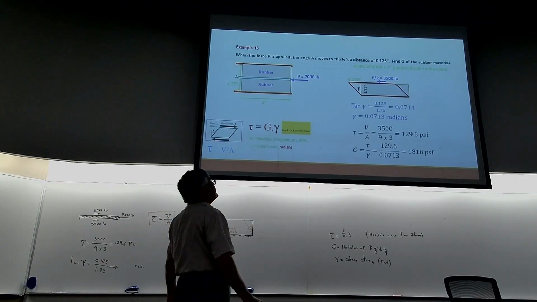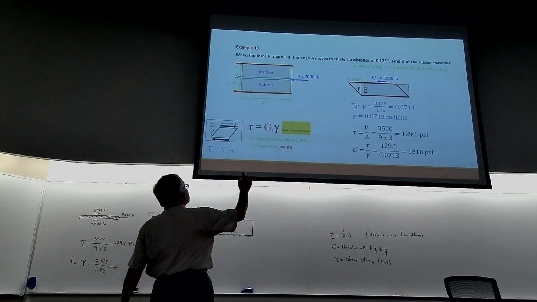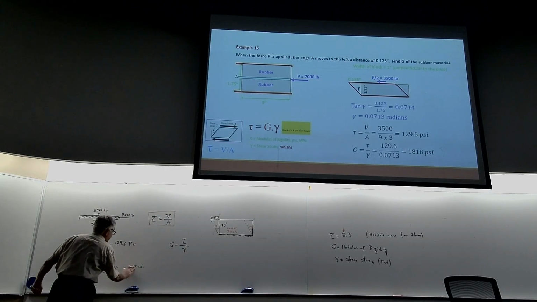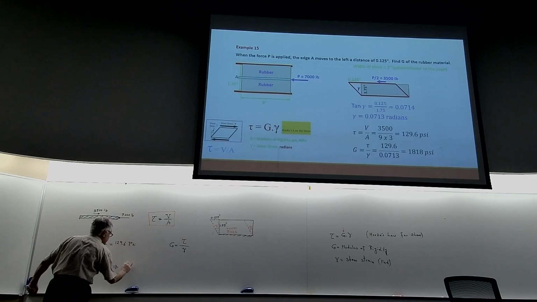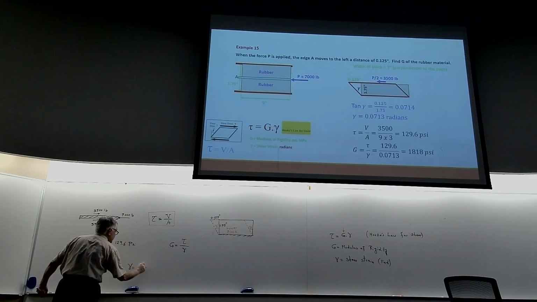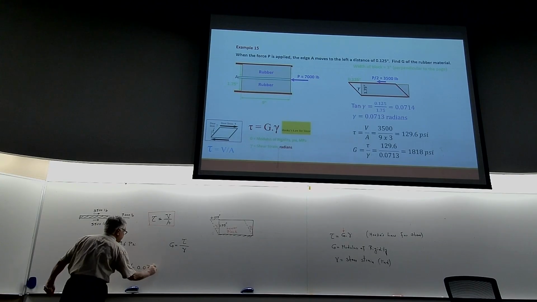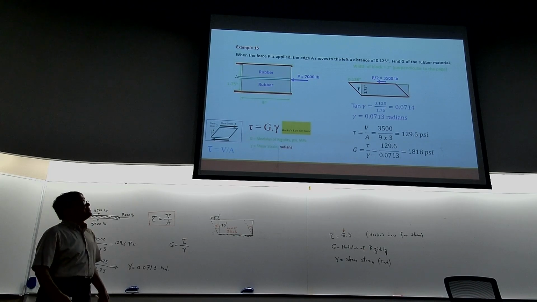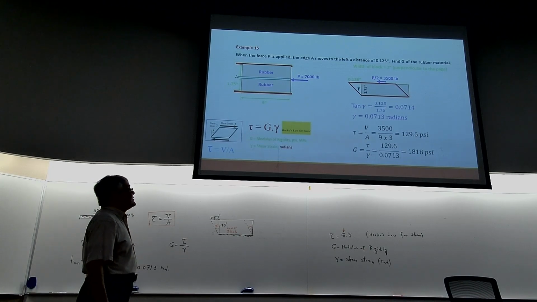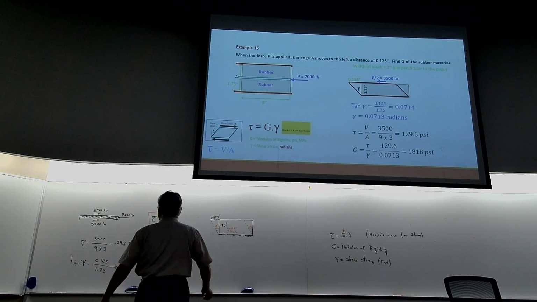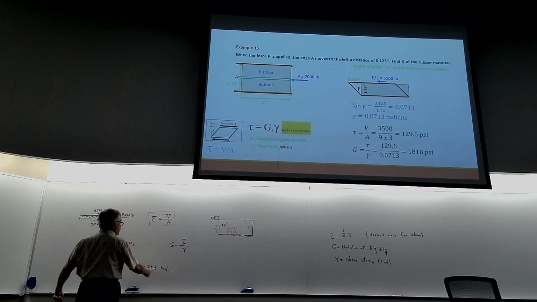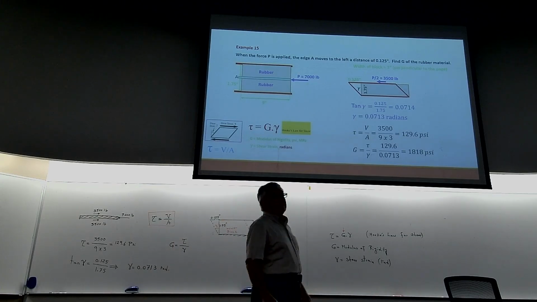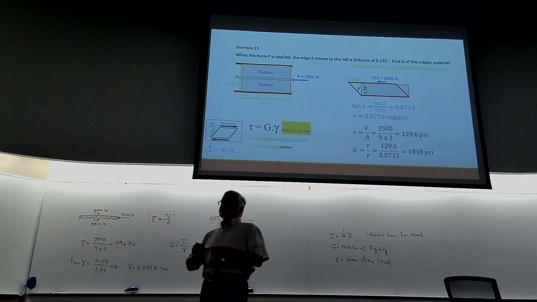And I have used the second one. So that would be 0.0713 radians. And if you divide the two numbers, this by that, you get the answer given, 1818 PSI.